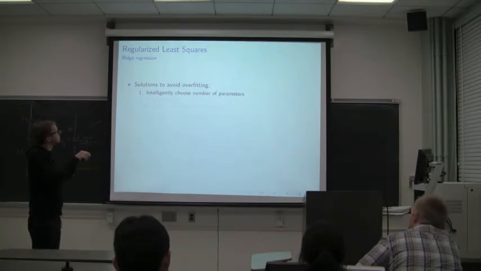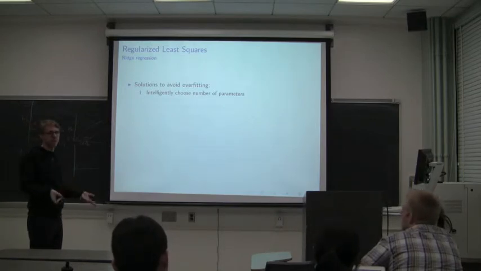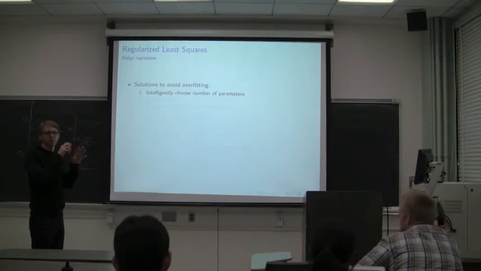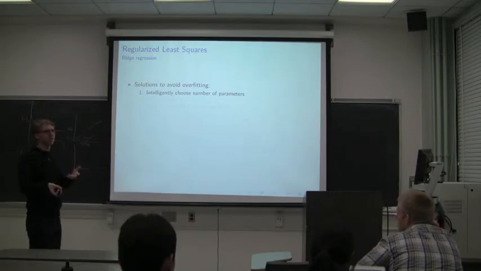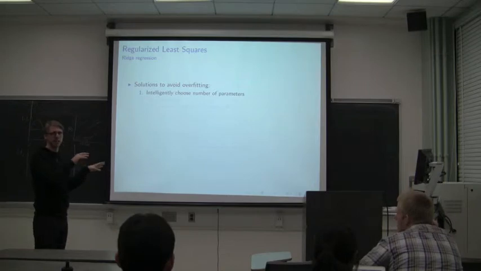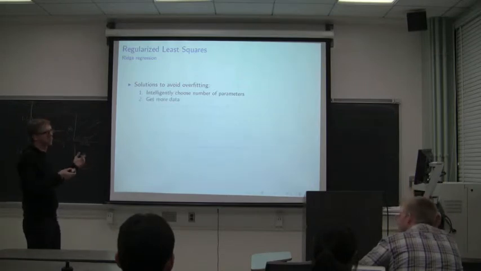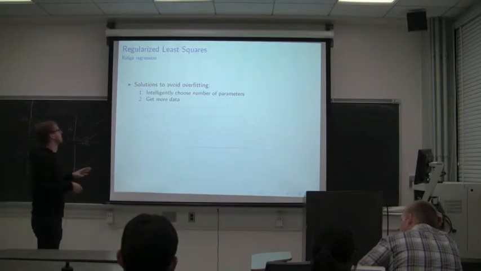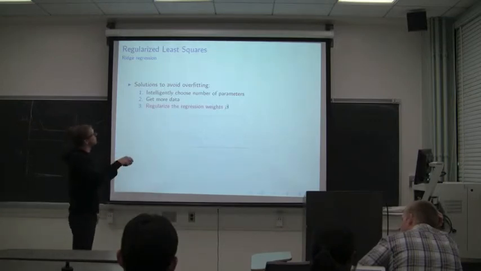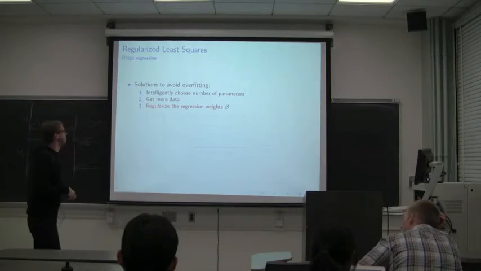Intelligently choose the number of parameters, because the number of regression weights that we fit to individual basis functions influences the complexity of the model. A model that is too complex overfits, a model that has too little complexity underfits. Getting more data also helps reduce overfitting. And the other one is to use regularization.